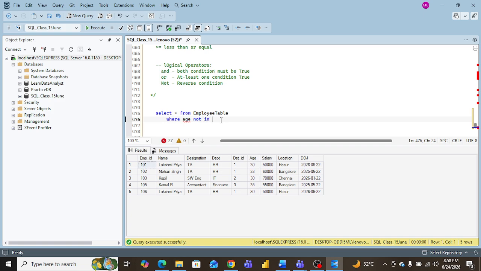Actually, not a specific thing here. What should I mention here? Let's see, we want a proper example here so you will get some understanding. NOT IN what? Okay, I mentioned zero. I hope NOT IN zero. Let's see.